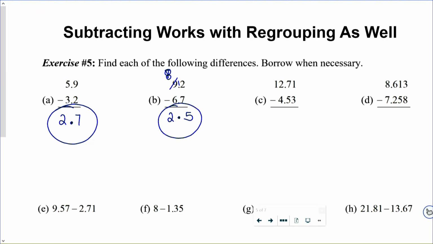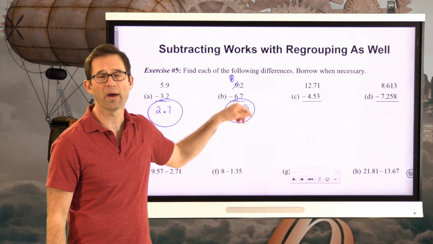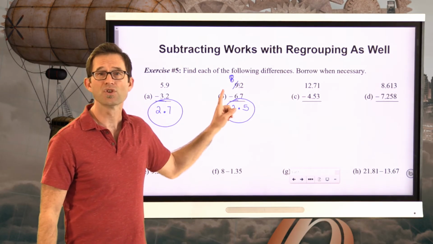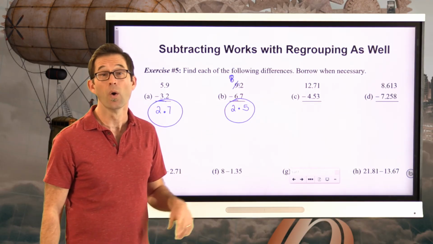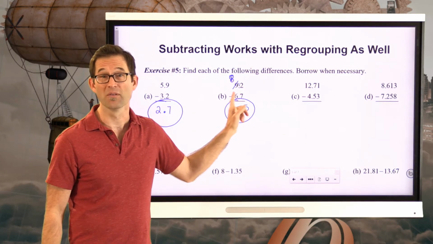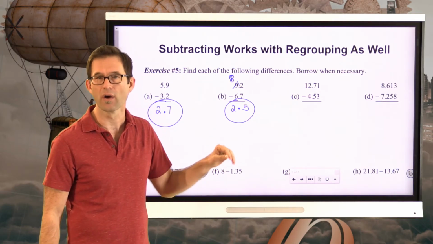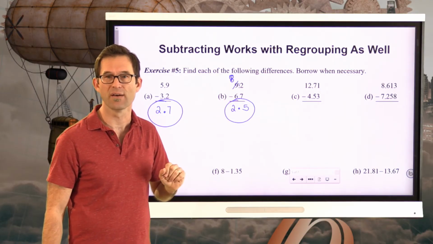So we have 2.5. Again, borrowing, right? The 2 is too small. 2 minus 7, you can't do that right at this moment, so we borrow from that 9 and make that 2 into a 12. We're really borrowing 1, and we're bringing over 10 tenths, but let's not go there. We just want to think about it the way that we think about 92 minus 67.